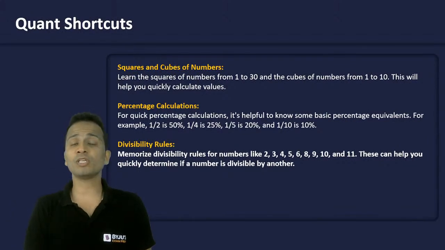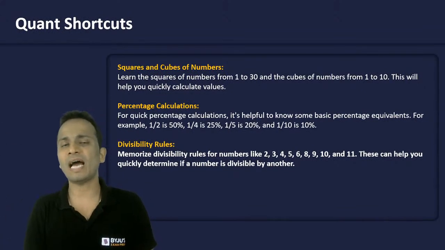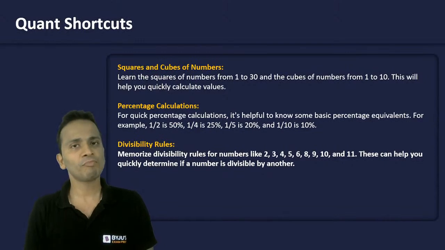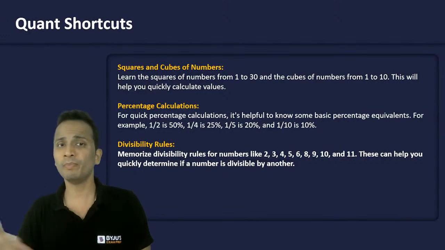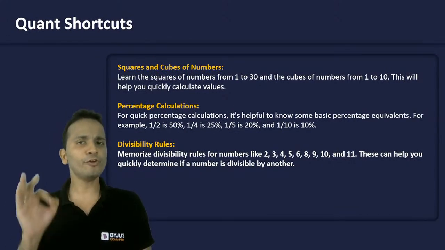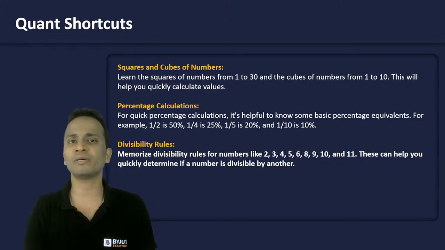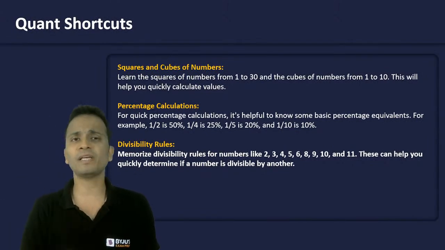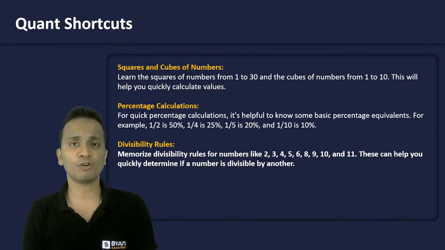Now, if I ask you the square of 23, if it is required in the question, and you are multiplying 23 and 23, fine. It will definitely waste 10 to 15 seconds of yours, probably more than that. But if you have the squares of the first 25 or first 30 natural numbers on your fingertips, then this particular thing is going to save a lot of time for each and every one of you, right?